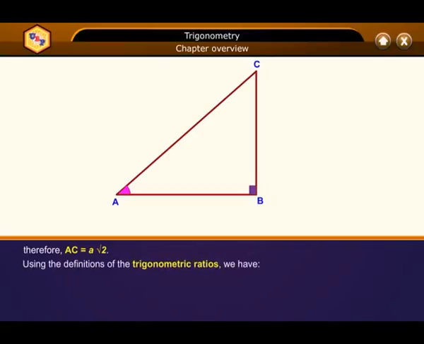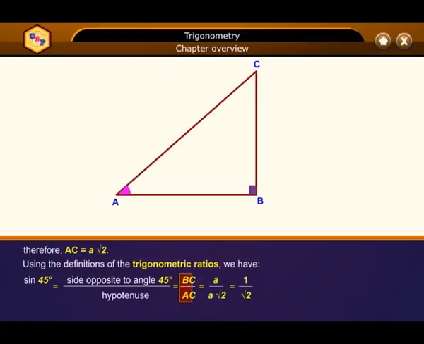Using the definitions of the trigonometric ratios, we have sin 45 degrees is equal to side opposite to angle 45 degrees upon hypotenuse, BC upon AC, is equal to A upon A square root 2, equal to 1 upon square root 2.